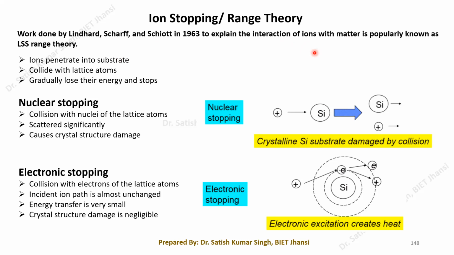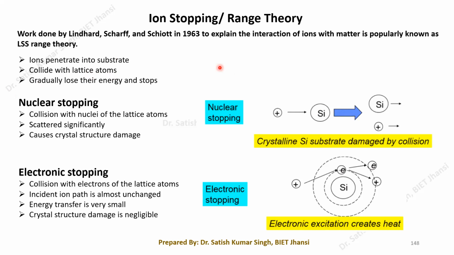Basically, what we have understood is that the ion beam is going to enter or penetrate into the substrate, and because the substrate has its own arrangement of atoms, it is going to collide with the lattice atoms as well as the electrons surrounding the atoms.